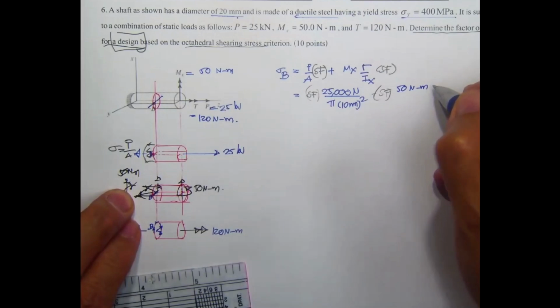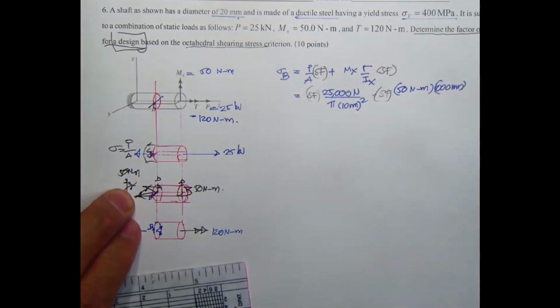You have to multiply it by 1000 to make it Newton millimeter.